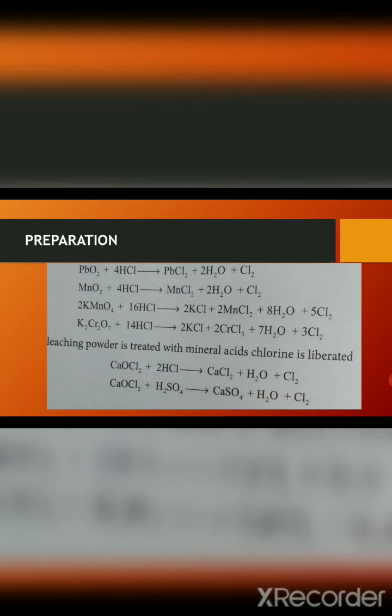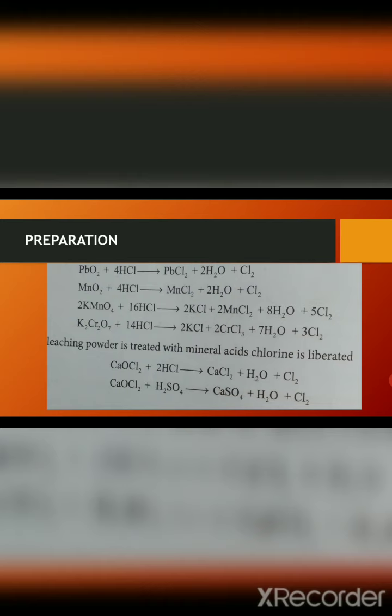Let us see the first equation. PbO2 plus 4HCl gives PbCl2 plus 2H2O plus chlorine gas Cl2. Similarly, manganese dioxide, MnO2 plus 4HCl gives MnCl2 plus 2H2O plus Cl2. Similarly, with potassium permanganate and potassium dichromate, in all these cases chlorine gas is prepared.